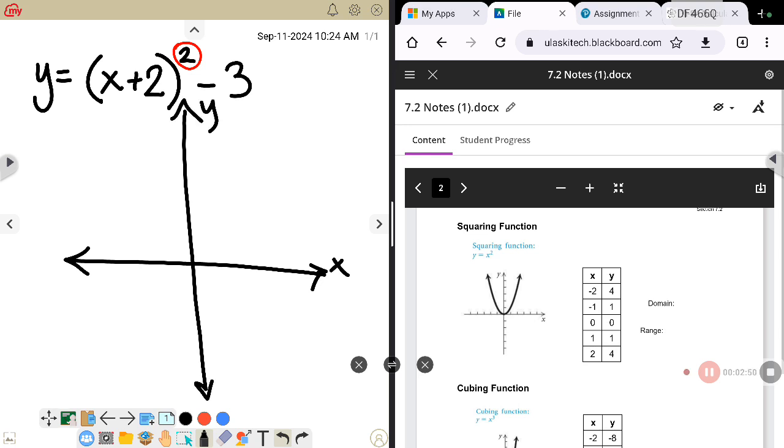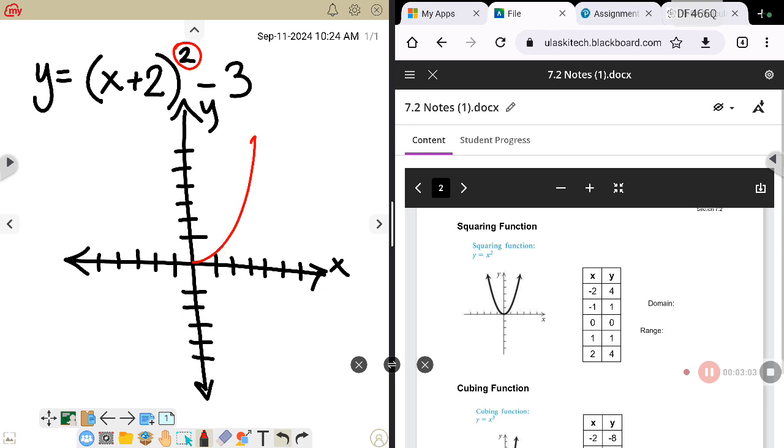So let's show what that would look like if this graph was just the basic x squared graph without any movement. That graph would be starting at the origin and having that U shape, just like the one that you see on the squaring function on the notes on the right. So let's look and see, what do these numbers here and here do to the graph?